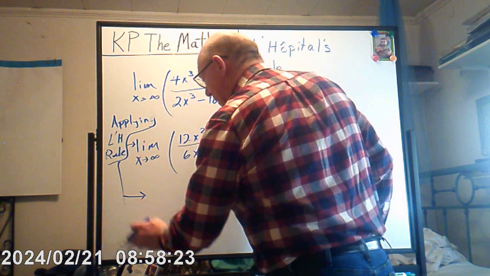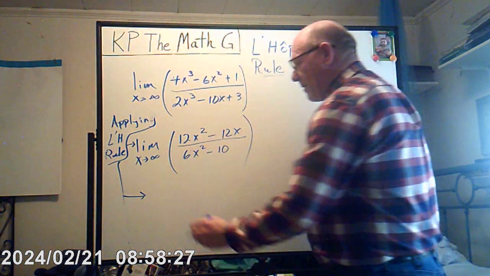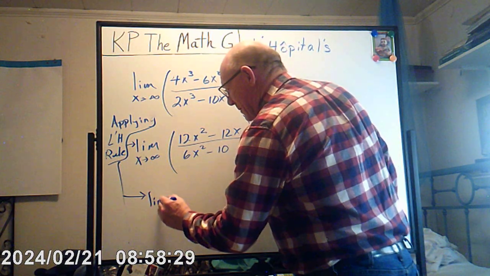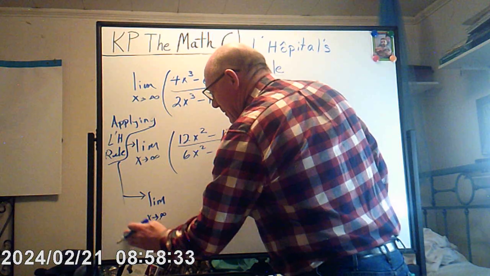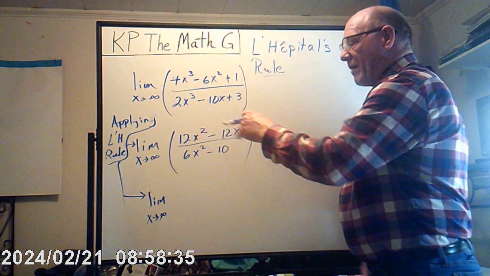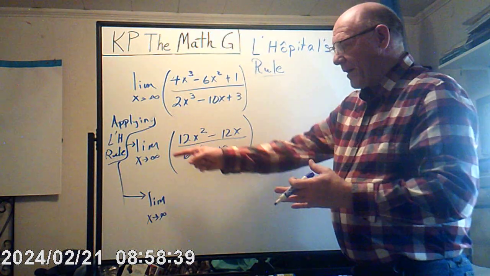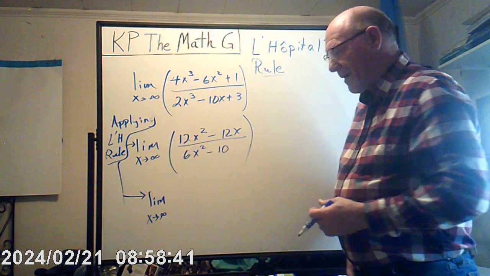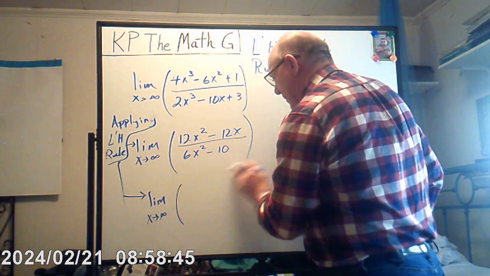That's what I'd do if I were you. That way at least they know that you are applying L'Hopital's rule and not just remanipulating the problem. Yeah, you're manipulating it, alright, but by L'Hopital's rule. Again, here we go again, 24.